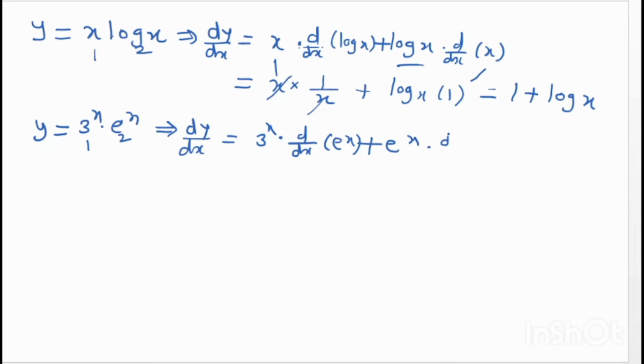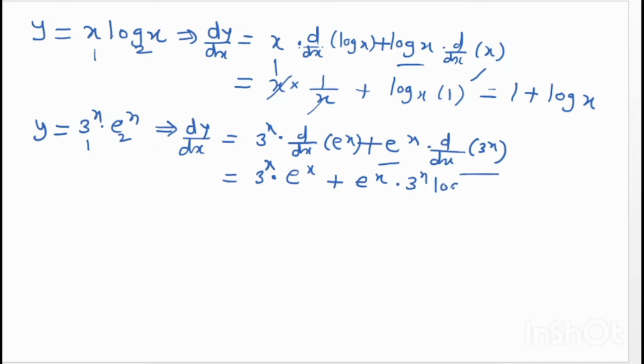Out of 2, the remaining term is 3 raised to x. So what is the answer? 3 raised to x as it is, derivative of e raised to x, that is e raised to x, plus e raised to x as it is, derivative of 3 raised to x, that is 3 raised to x into log of 3.